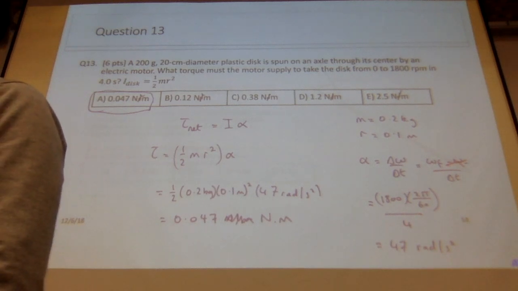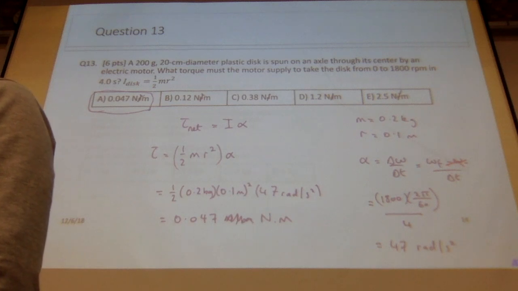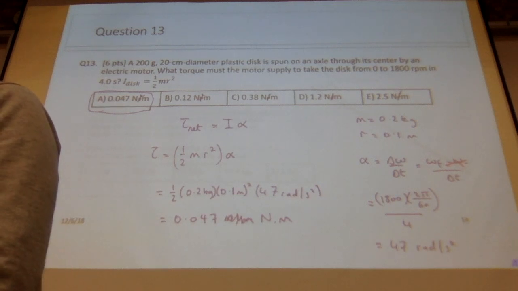So why do you use that torque equation and not just the net torque? You don't know the net torque will be F times R perp, but you don't have F, and there's no way to solve it in this problem.